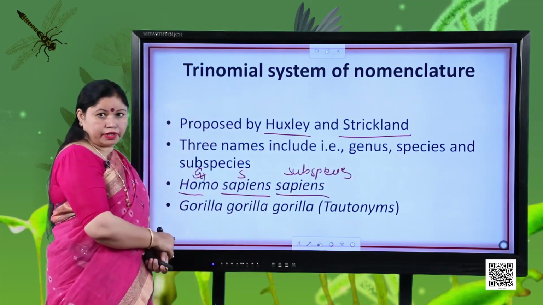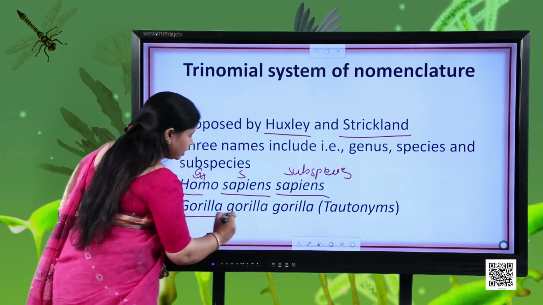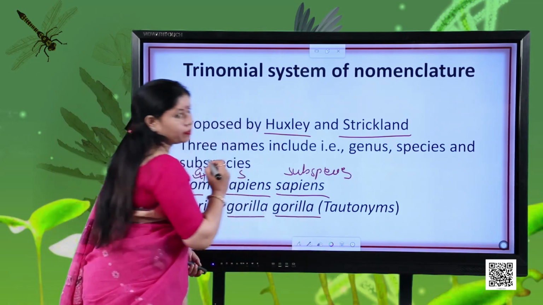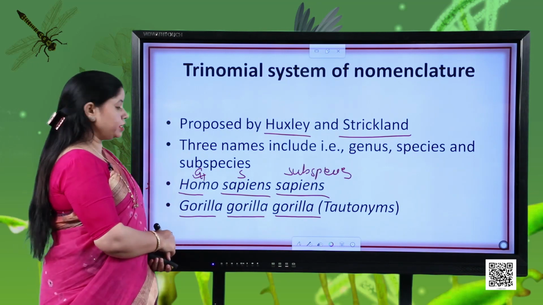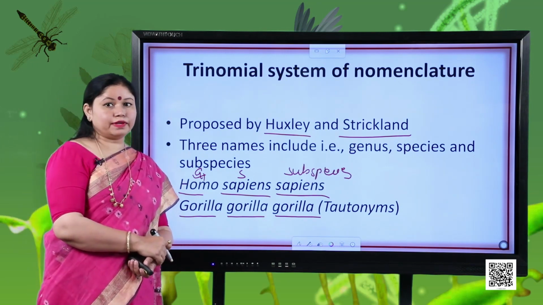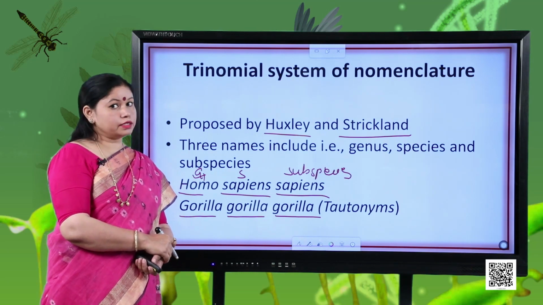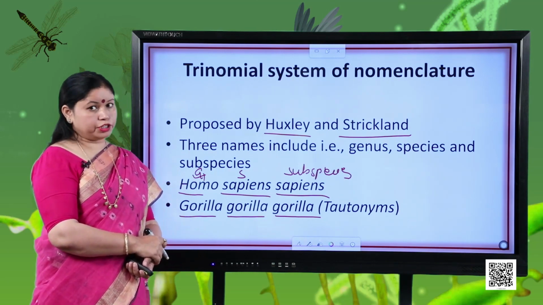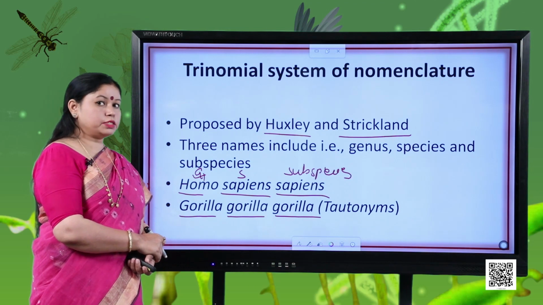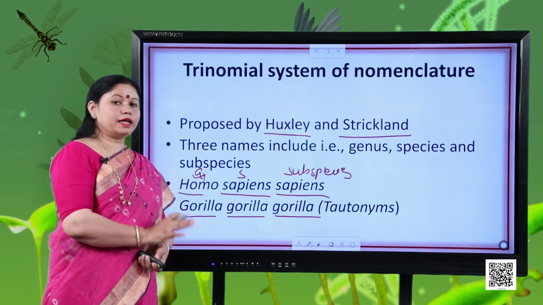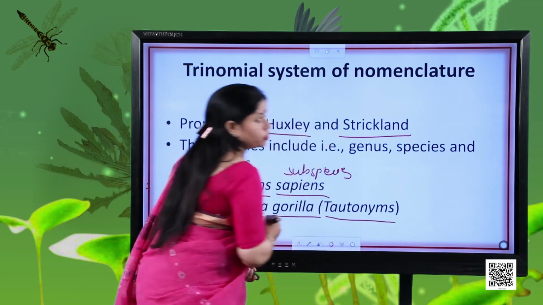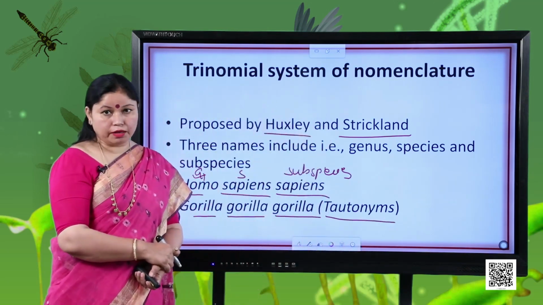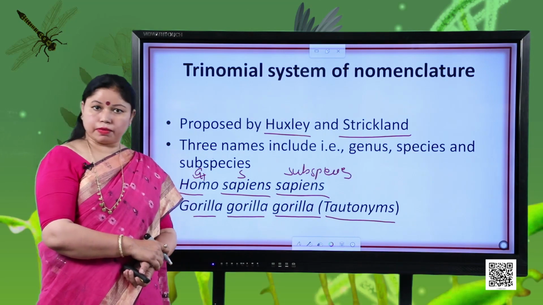Another example is Gorilla gorilla gorilla. You might be noting that genus, species as well as subspecies have the same name. Such biological names where genus, species and subspecies are all the same are called tautonyms. Tautonyms are accepted in the case of animals but not in the case of plants.